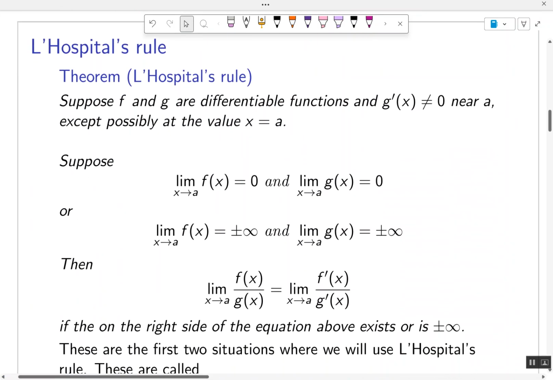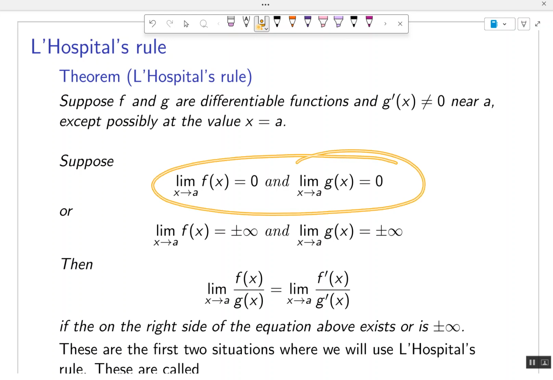L'Hôpital's rule says, suppose f and g are differentiable functions. That means you are able to take the derivative of both f and g, and the derivative of g does not equal 0. Now, if either of these things are true, then we can use the rule. The limit of the top and bottom both go to 0.